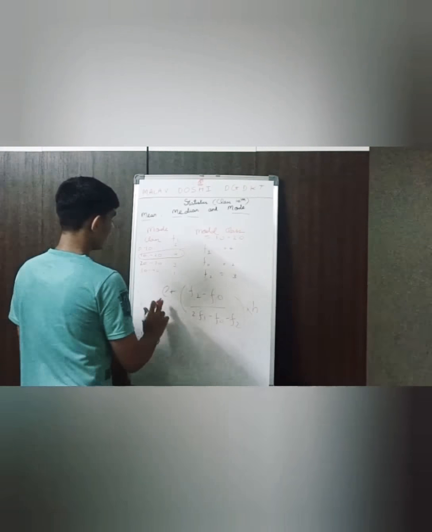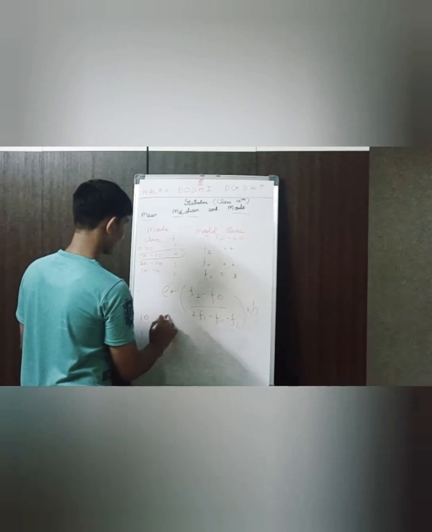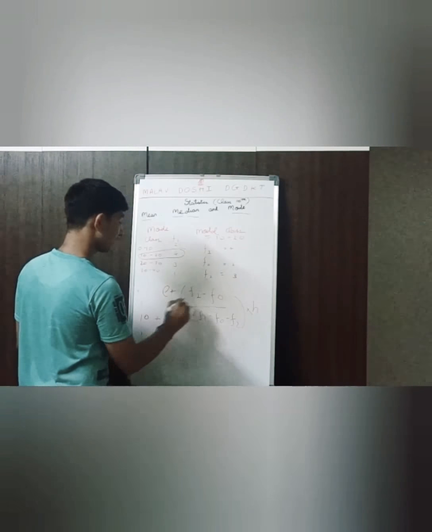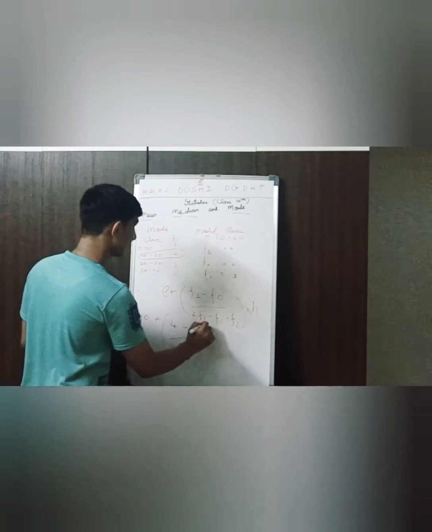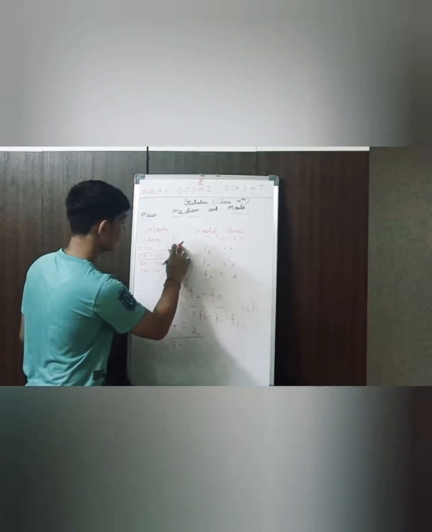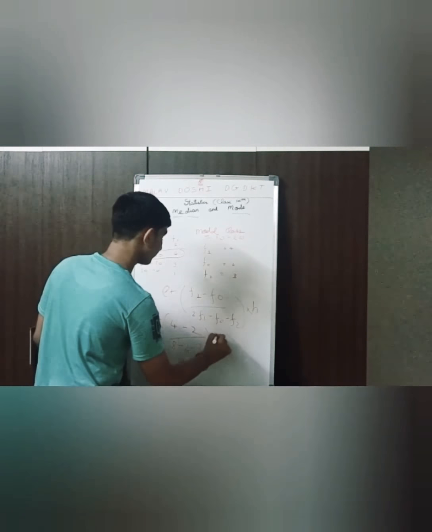Now L means the lower limit. It's 10 plus f1, the frequency of that class, minus f0, the frequency of the class preceding, which is 2, divided by 2 times f1, 2 into the frequency of that class, 8, minus f0 minus f2, into 10.